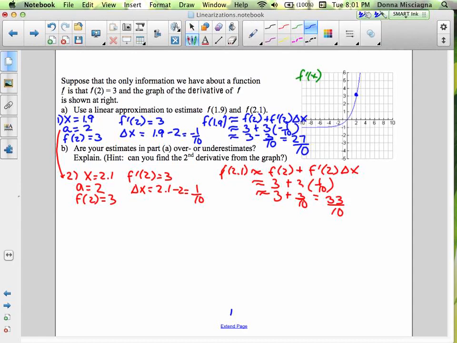The next question asks us to determine, are your estimates in part over or underestimates, and explain. Right? Always get into the habit of justifying. All right, so we have the graph of the derivative here.